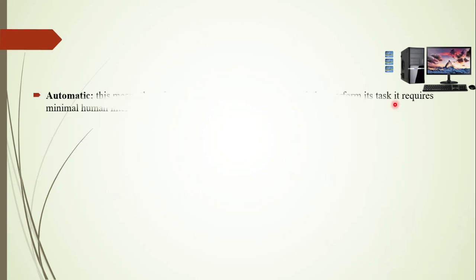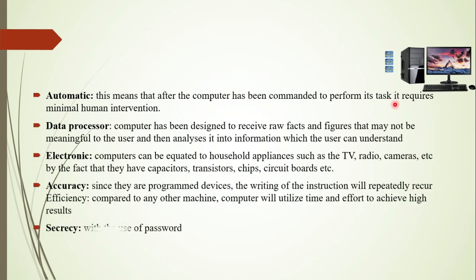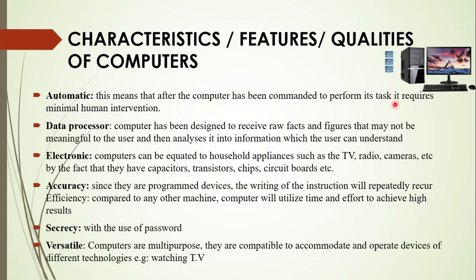Now, let us proceed and understand some of the features, characteristics or qualities of a computer. Number one, it is automatic. It means that after the computer has been commanded to perform its task, it requires minimal human intervention. For example, when you are downloading something from online, you just need to command your computer or your phone to download.